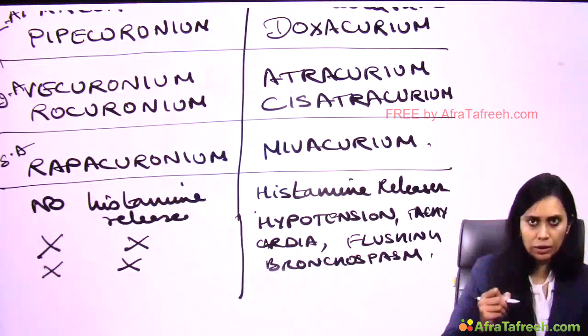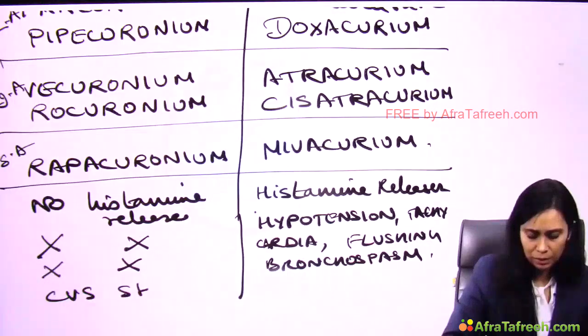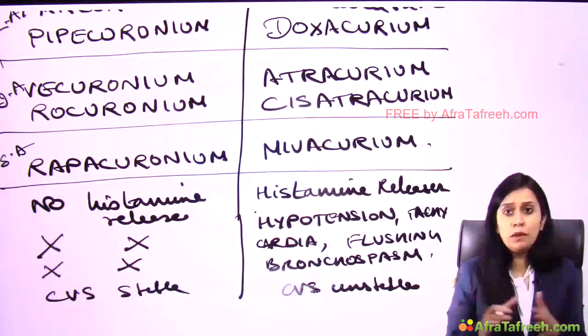Definitely aminosteroid: no histamine release, no hypotension, no tachycardia. So this group is cardiovascular stable. This group is cardiovascular unstable. These are the common points of both groups.